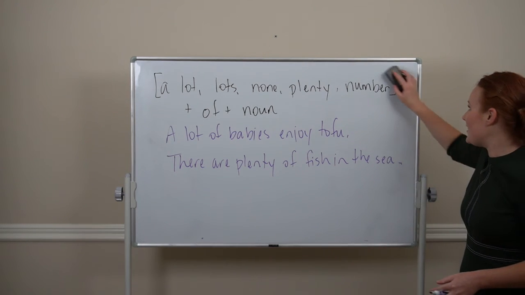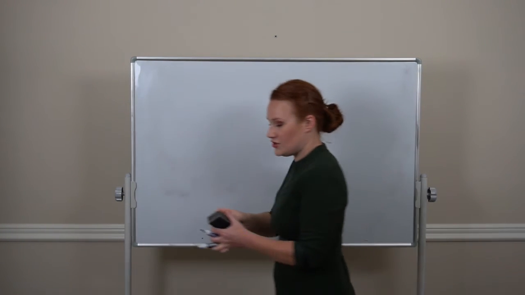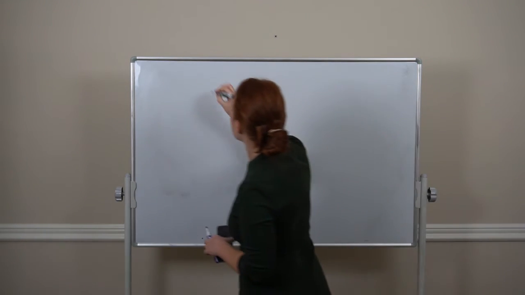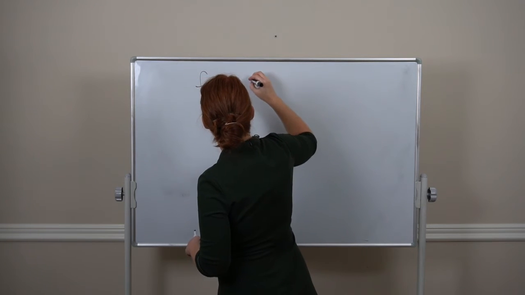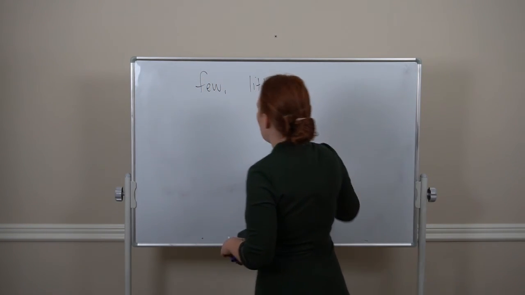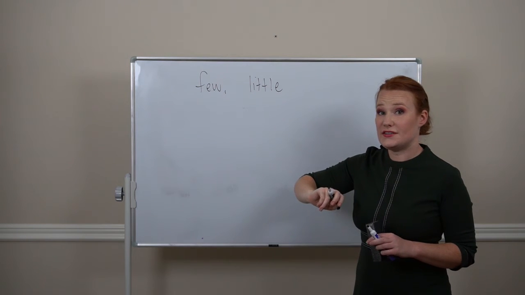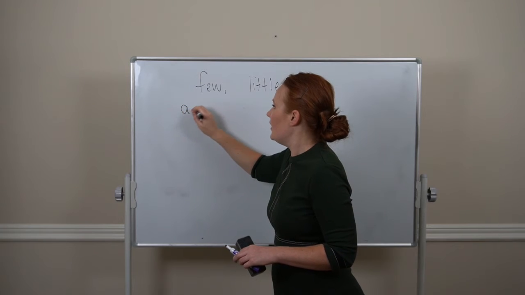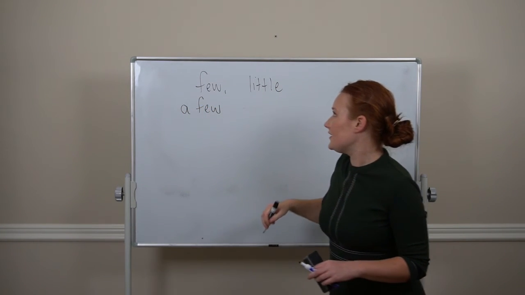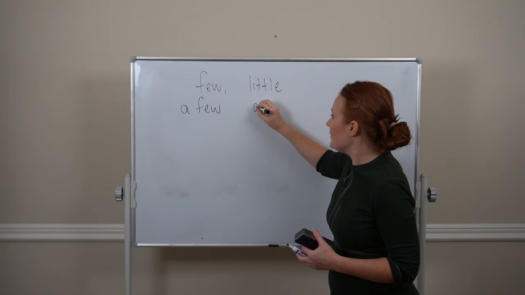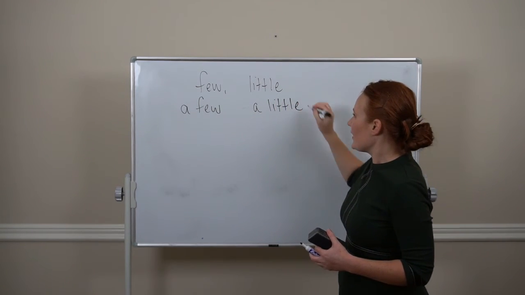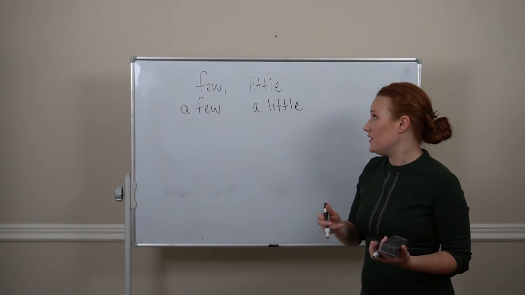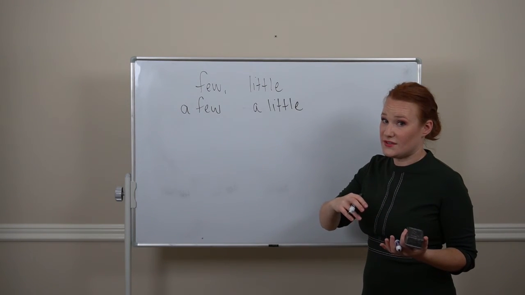Okay, last category. This has to do with the quantifiers few and little. Each of these has two versions. So I could say few, or I could say a few. I could say little, or I could say a little. And there's just a little twist in emphasis when we use the a or don't use the a.